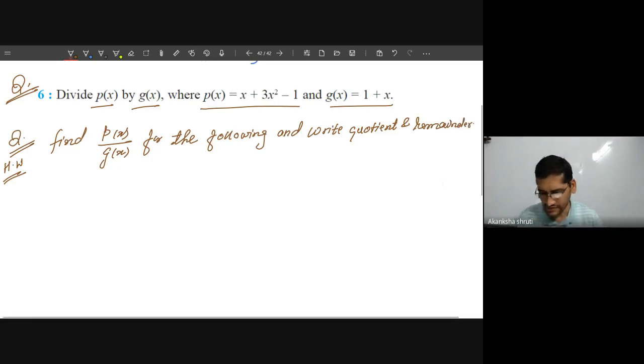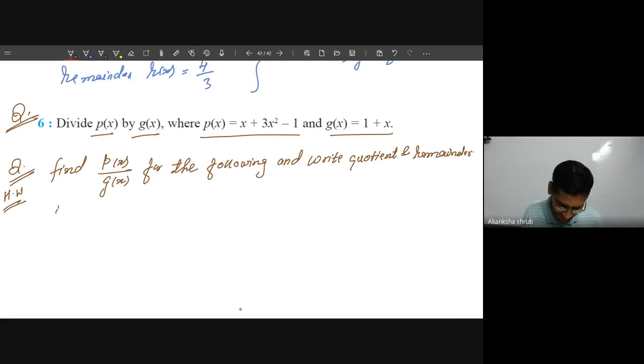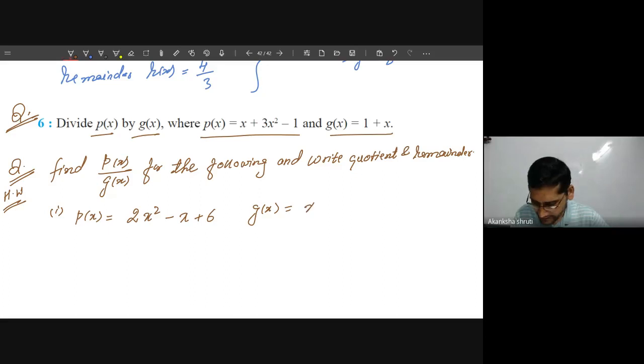This thing you have to write. Students, in the first one, px is given as 2x square minus x plus 6, and gx is given as x minus 2.